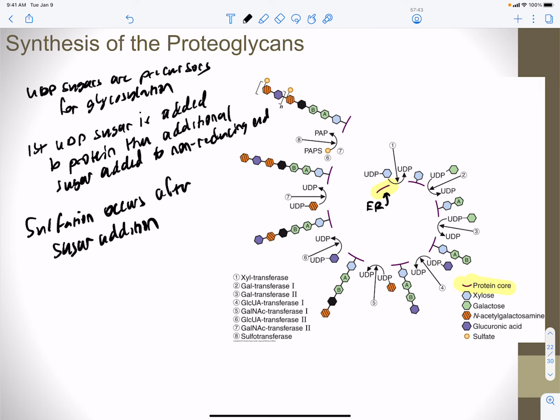And so you can get your sulfate groups, which are shown here, added after. Now you have 3' phosphoadenosine 5' phosphosulfate, or PAPS. This is also what's called active sulfate, and this is what provides the sulfate group.